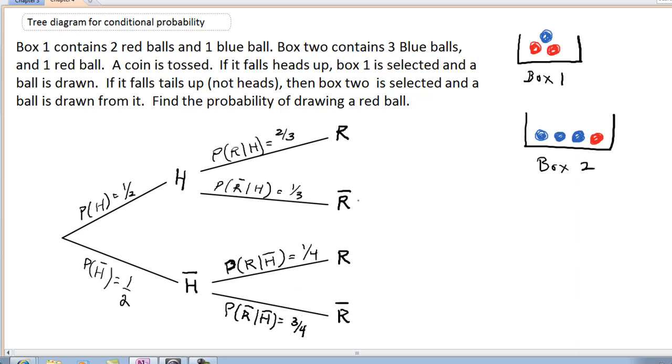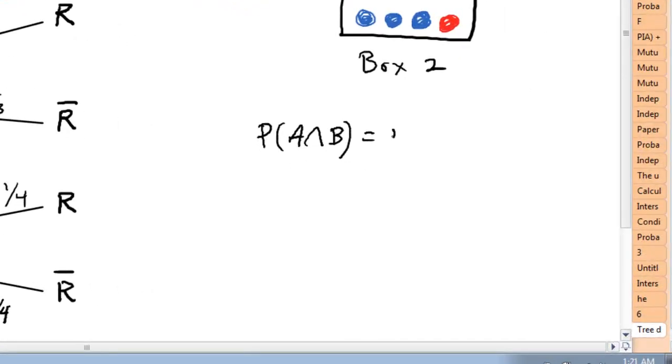And now what? To get these conditional probabilities that are resulting, we have to go down each path and multiply. There's a formula in your book that says P of A intersect B is equal to P of A times P of B given A. And actually it doesn't matter the order.